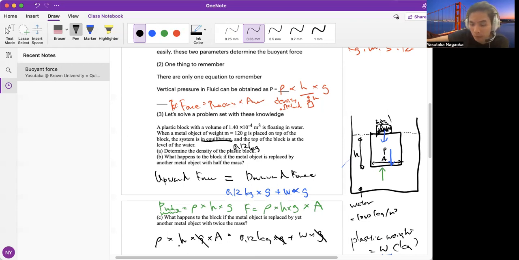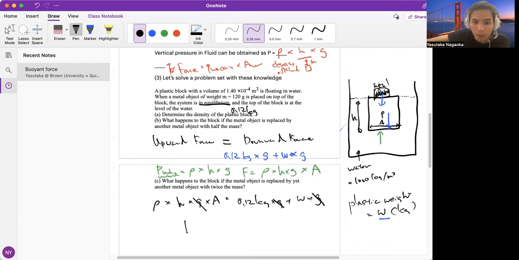And you might realize that H multiplied by A equals the volume of this object. And this is already known, which equals 1.04 times 10 to the negative 4 meter cubic.